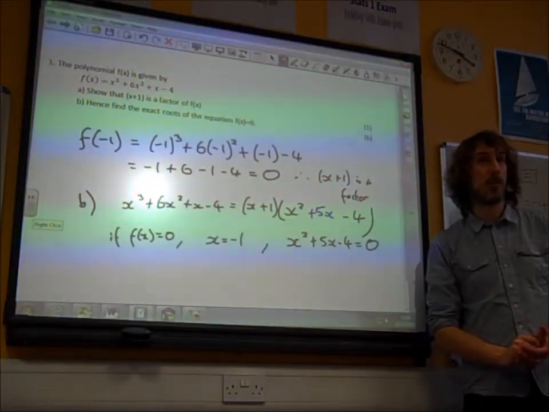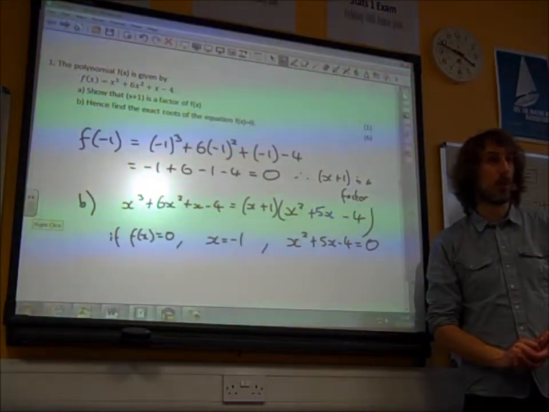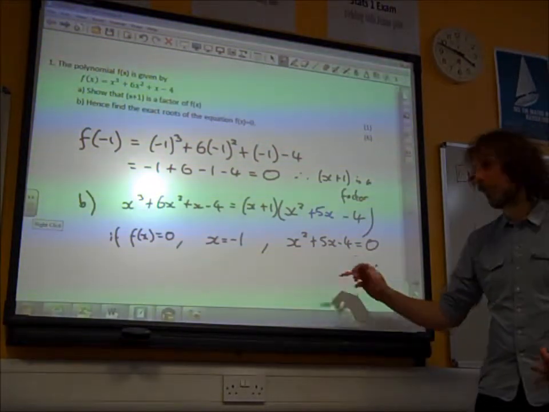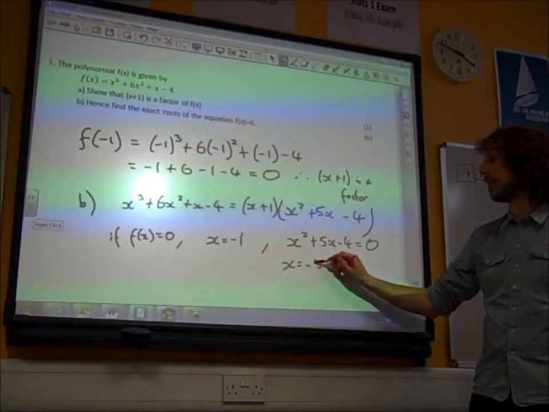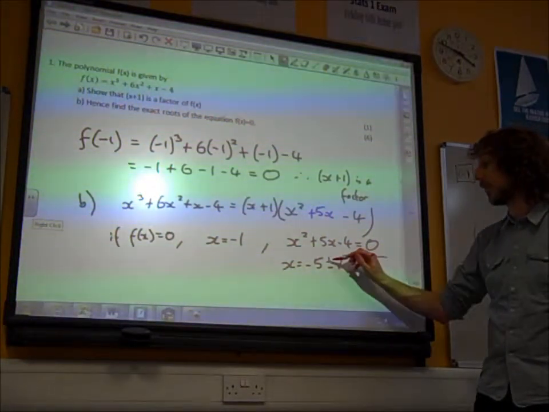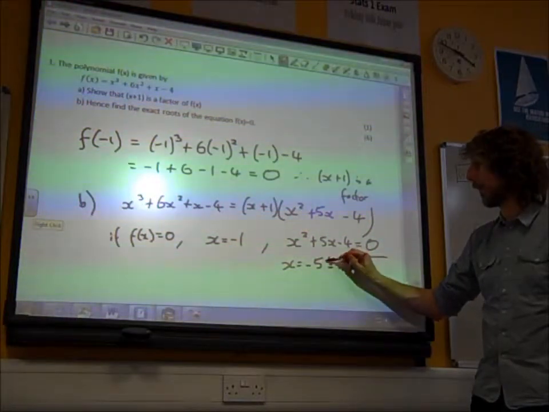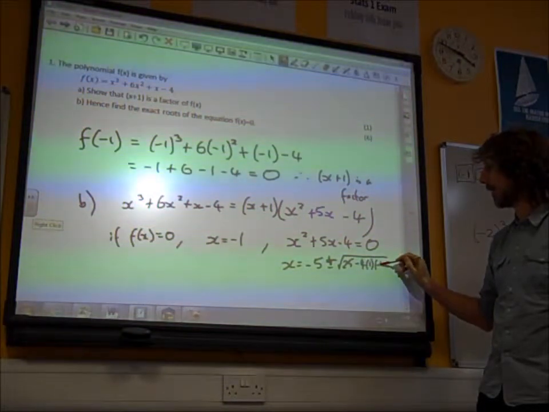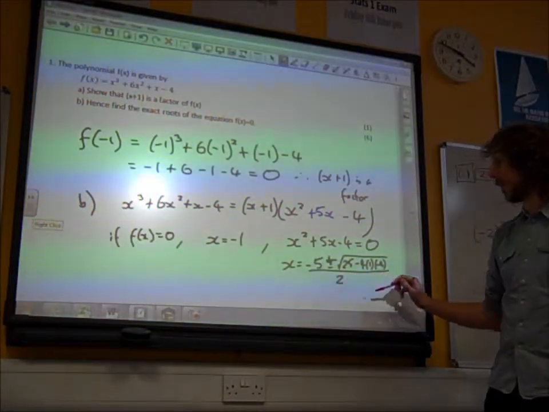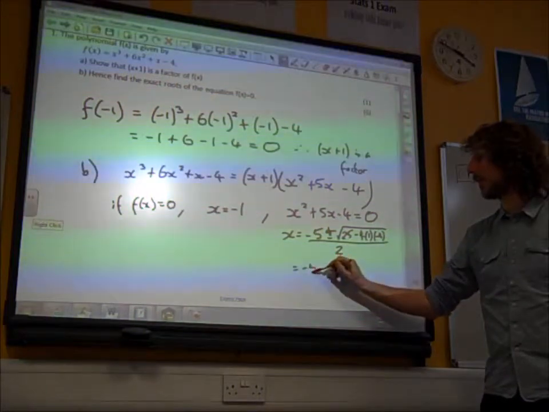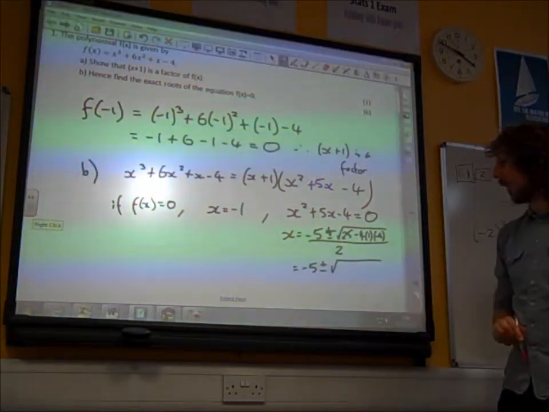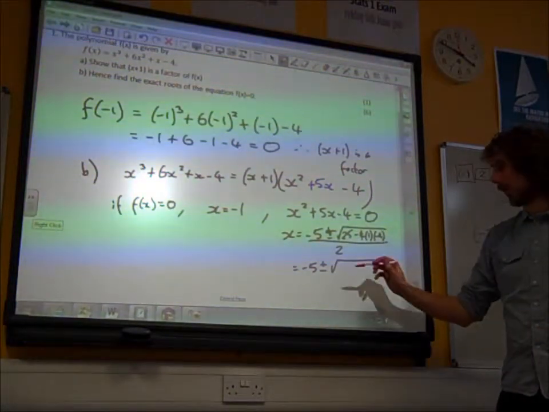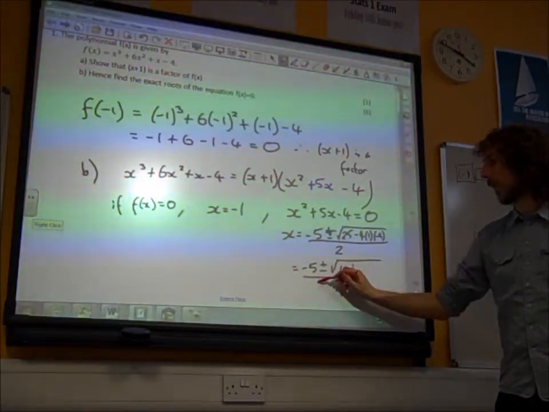Now we can choose our method for this. You might want to do completing the square, or you might want to use the quadratic formula. x is minus b plus or minus the square root of b squared minus 4ac, all divided by 2a, which gives us minus 5 plus or minus the square root of 25 plus 16, so 41, over 2.